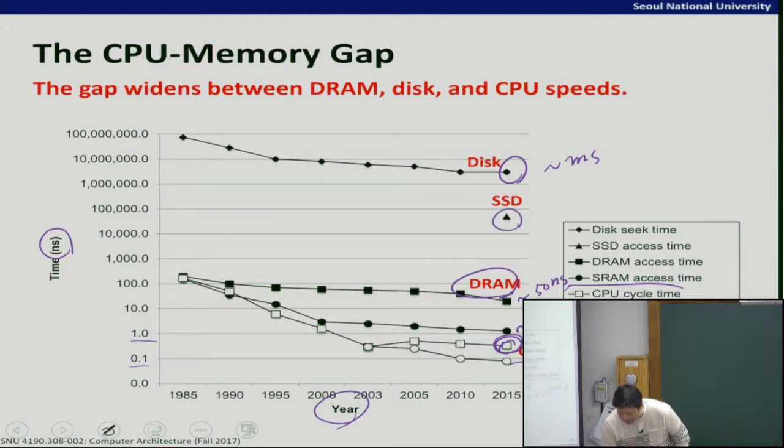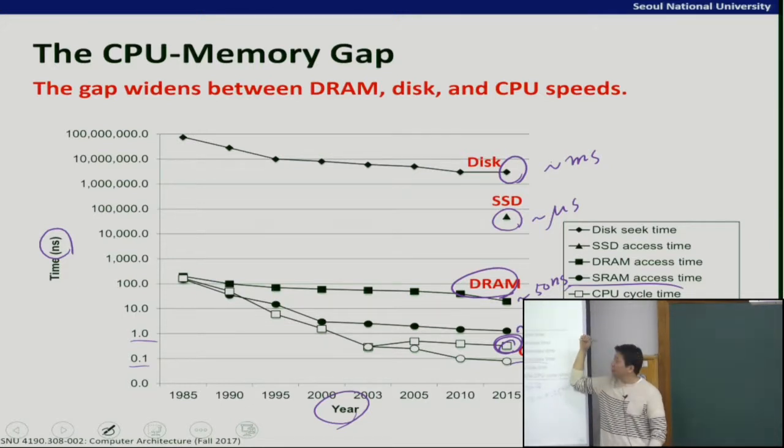What about SSD? Maybe one of the best ways to upgrade your system's performance is to replace your disk with an SSD. Because if you replace it with an SSD, it boots up a lot faster, and so on, right? SSD has access time in the range of microseconds. That's a rough performance range.